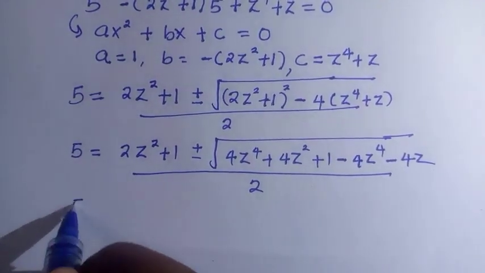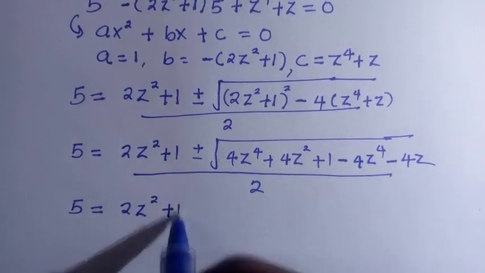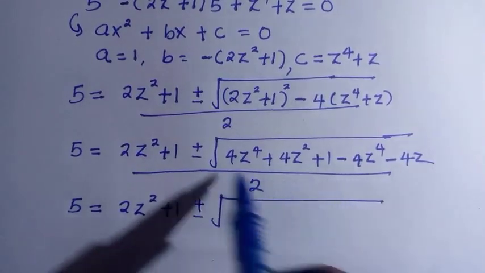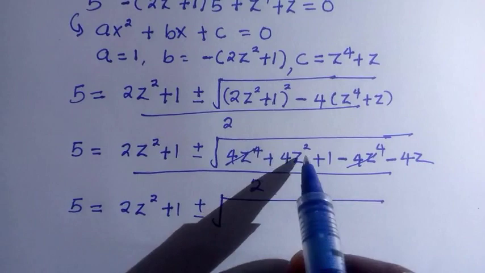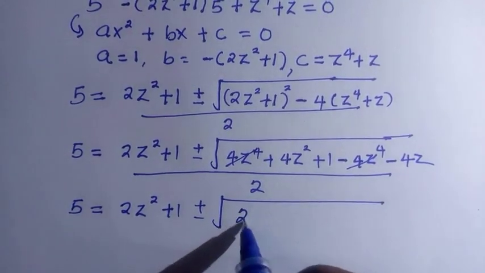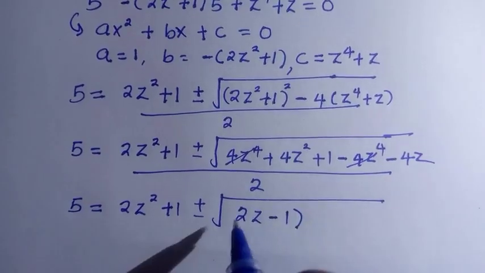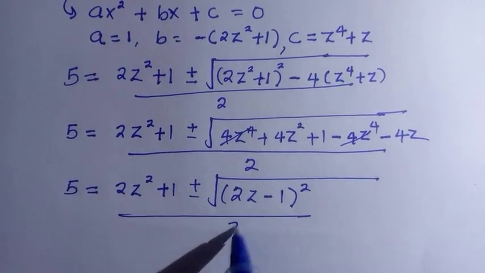Next, we have 5 equals 2z² + 1 plus or minus the square root of, so something has already cancelled here. This and this cancelled each other, and we have 4z² + 1 minus 4z. Everything here becomes (2z minus 1) all raised to the power of 2, divided by 2.